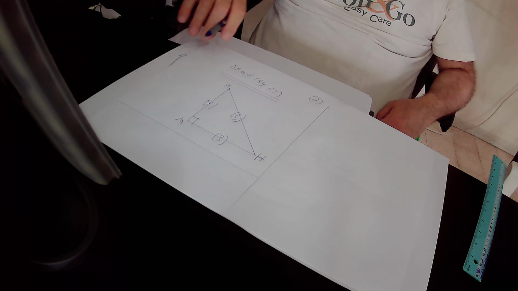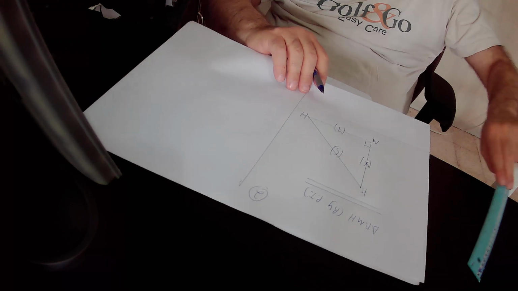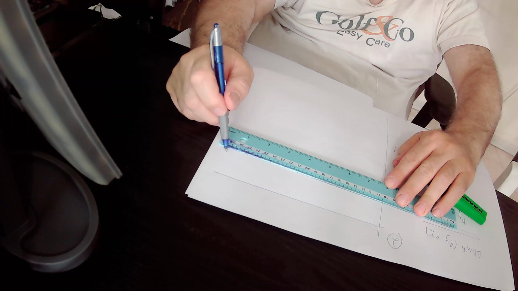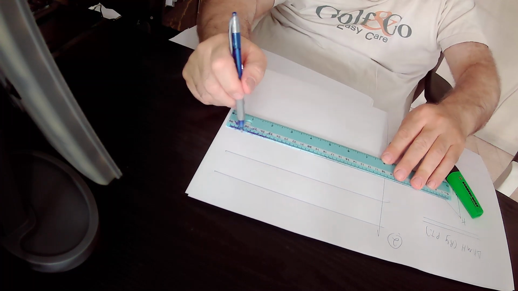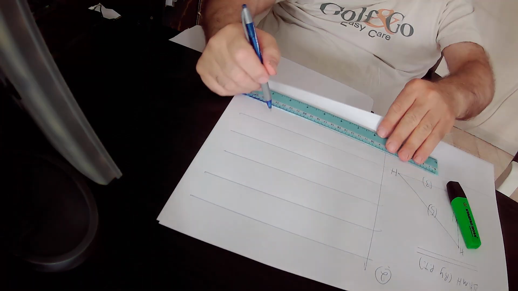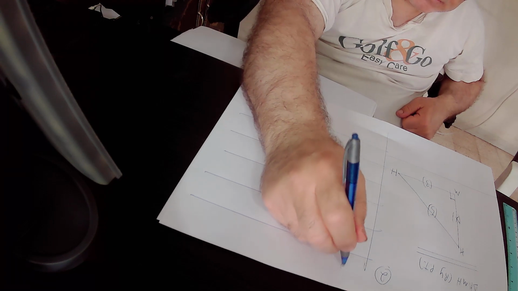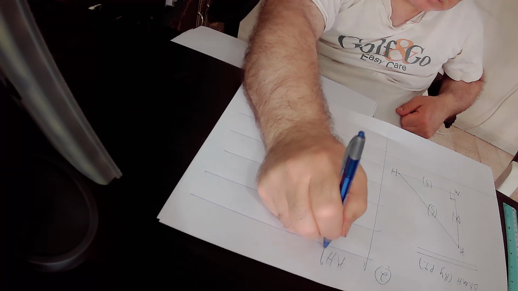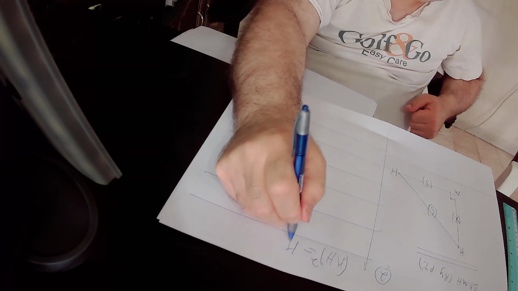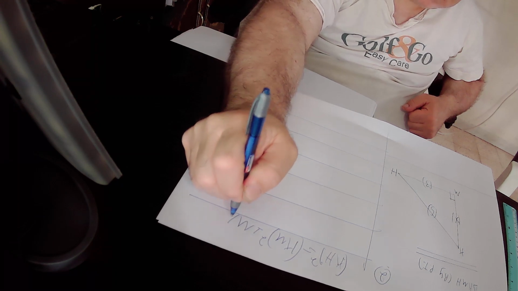So I write it down. KH squared, that is the square of the hypotenuse, equals KM squared plus MH squared.